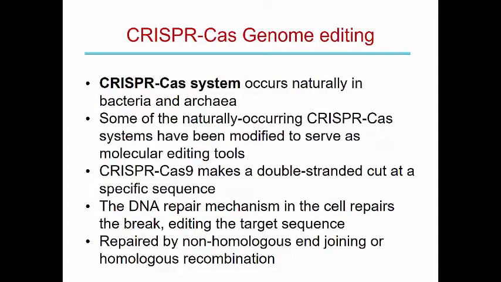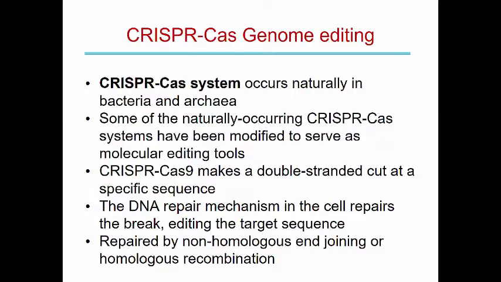Another really useful technique for creating recombinant DNA is the CRISPR-Cas genome editing system. This was discovered in 2012 as a naturally occurring system in bacteria and archaea. So there's a protein and a piece of RNA that locates a sequence complementary to that piece of RNA and breaks the DNA there.